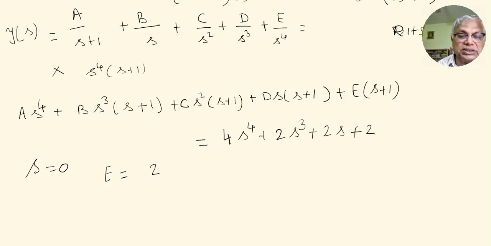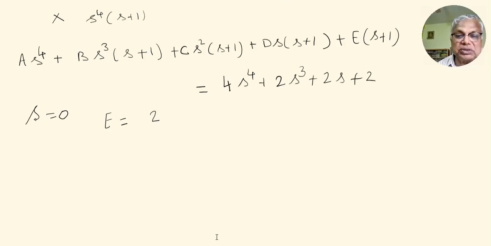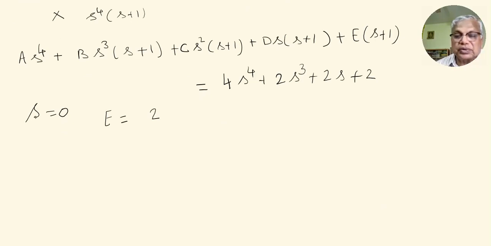Now let us assign s equal to minus 1. That also makes things easier. If you assign s equal to minus 1, this term becomes 0, this becomes 0, this becomes 0, this becomes 0.